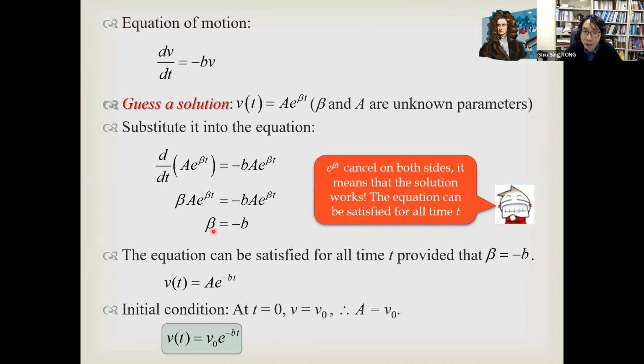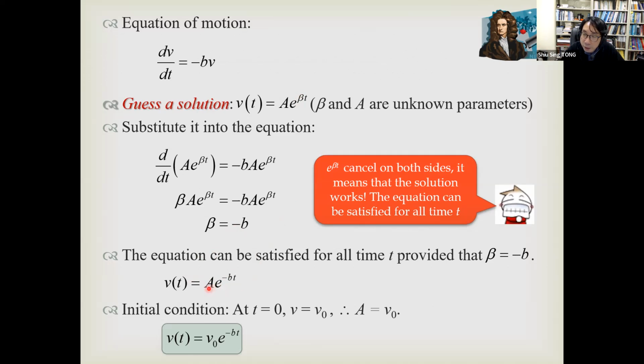The condition is that the two constants, beta and b, must be related to each other by beta equal to minus b. I must choose beta equal to minus b to satisfy the equation. And so what is the solution? The solution will be just this, but with beta replaced by minus b. So the solution is A exponential minus bt.